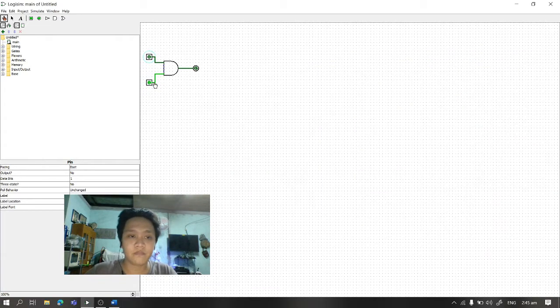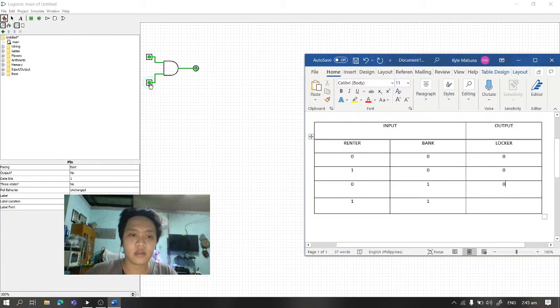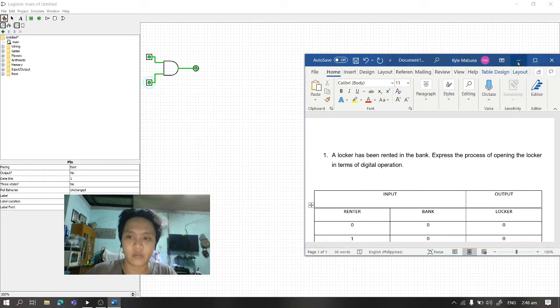And if the renter is one and the bank is also one, then the locker is one, meaning the locker opens. So that's how to use the AND operation in Logisim to answer question number one.